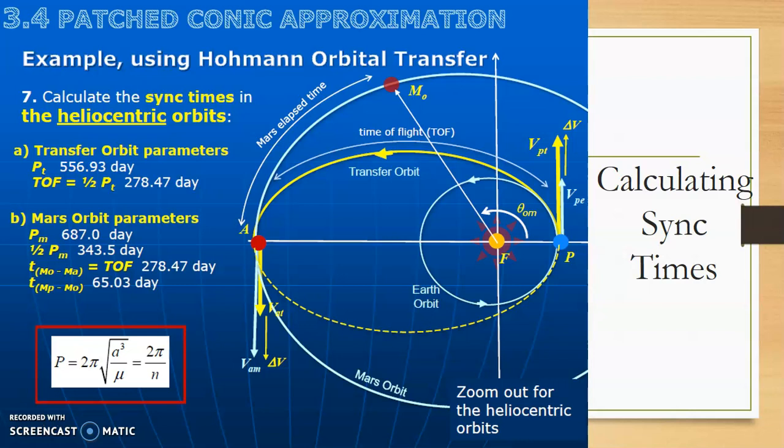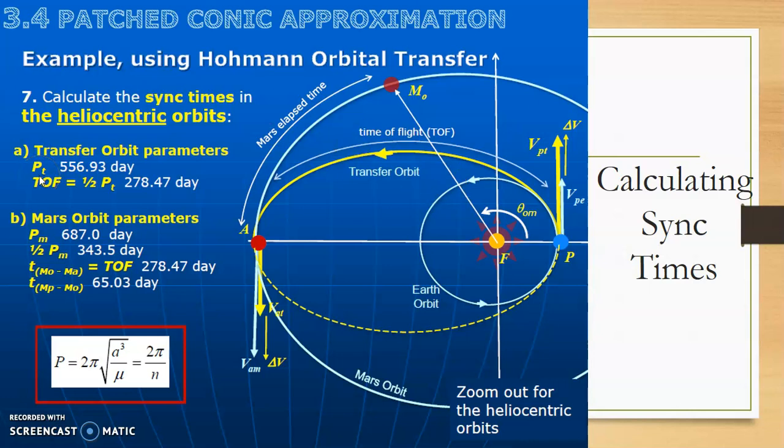We are using theta, so when Mars has a certain theta of its orbit, that is the time that we launch the satellite from the parking orbit, so the satellite will arrive at Mars at its perfect position.